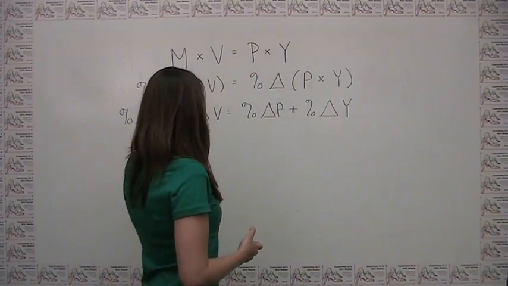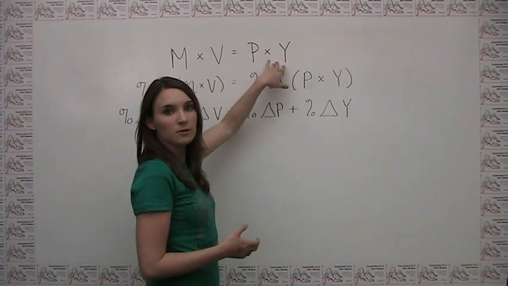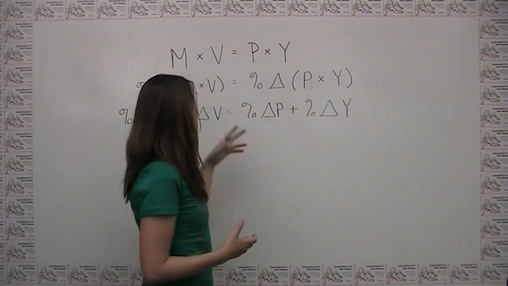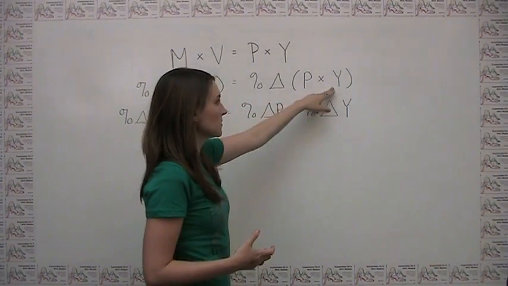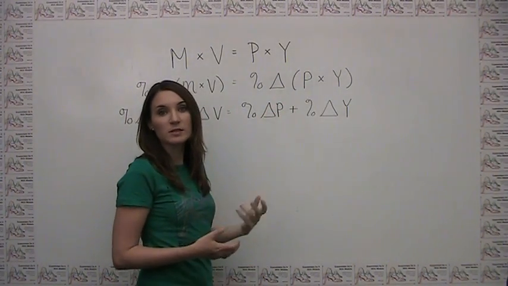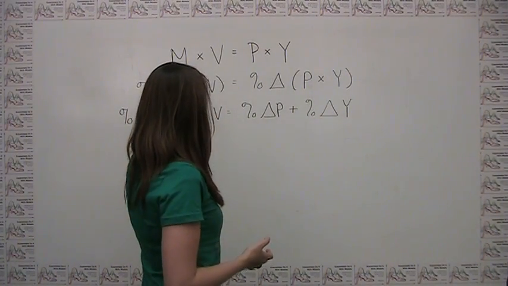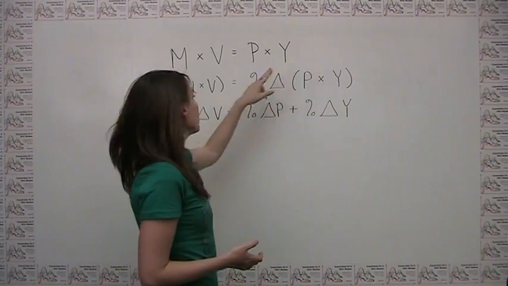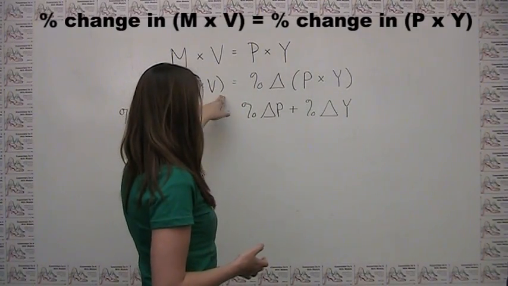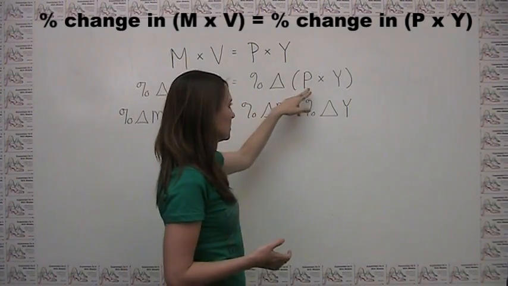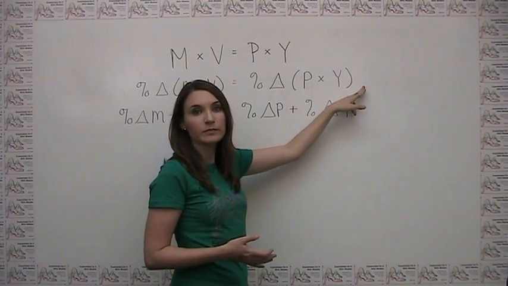The reason for this is that if 2 quantities are always equal, then it stands to reason that the growth rates of those 2 quantities must also always be equal. So that gets us to, if MV equals PY, then the percent change in M times V has to equal the percent change in P times Y.